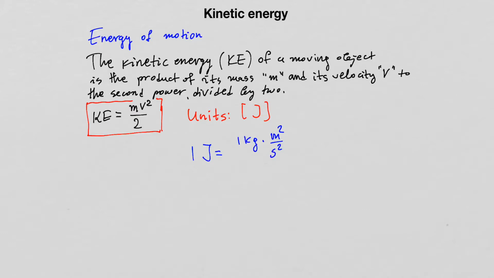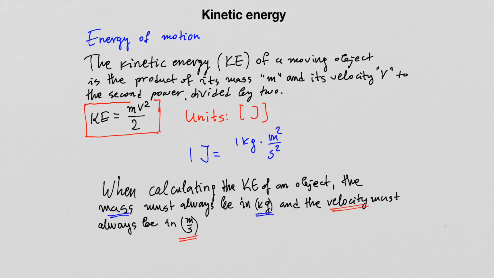From the breakdown of a joule by base units, it is clear that when you're calculating kinetic energy, the mass of the object must be always converted into kilograms, and the velocity of the object must always be converted into meters per second.